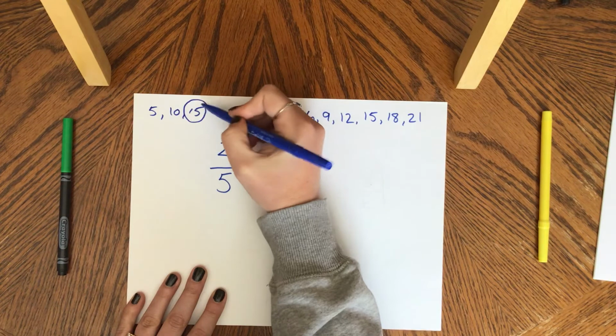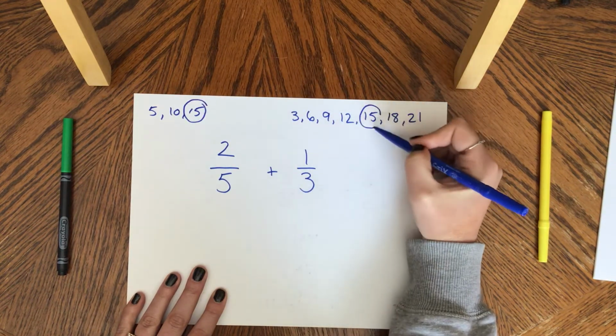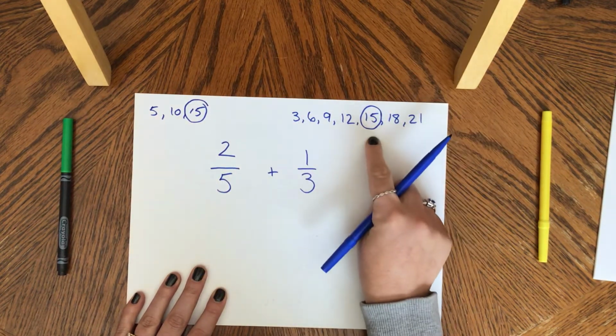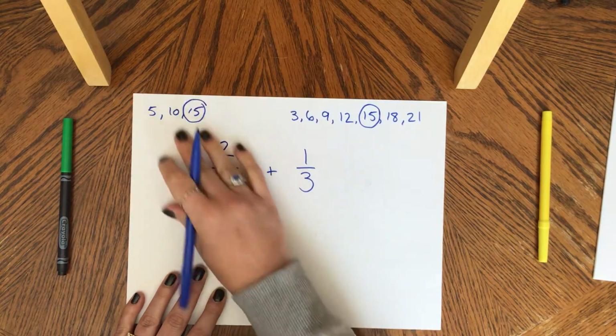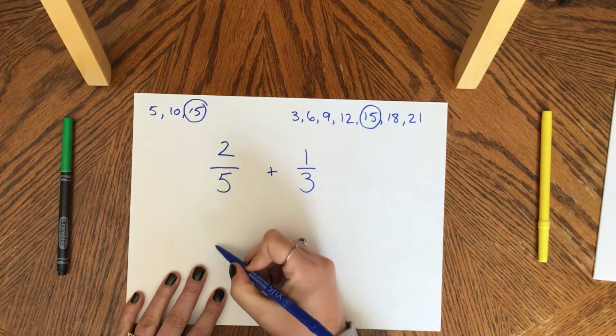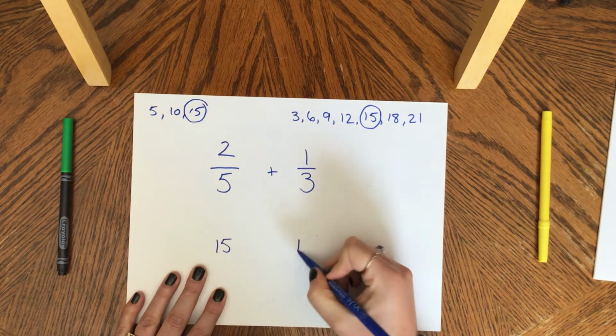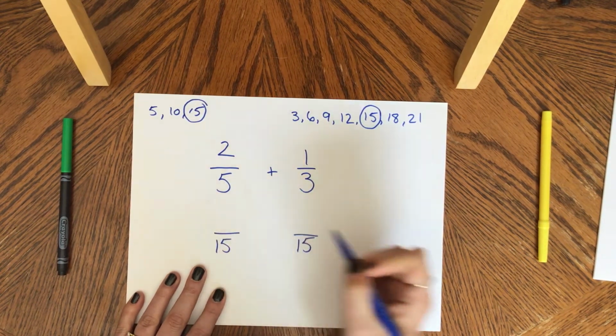I hit a number that also is in common with the multiples of 3. So I listed the multiples and I found that 15 is a common multiple. The common denominator is going to be 15.